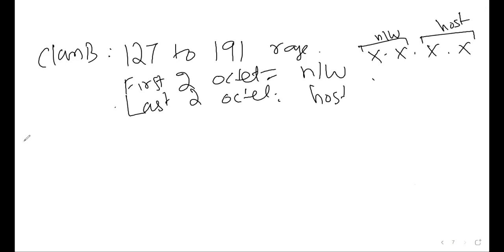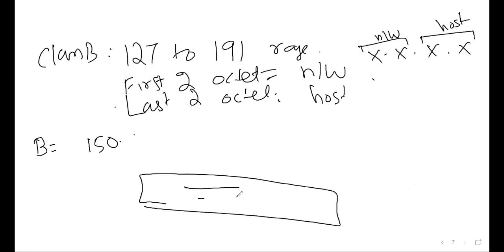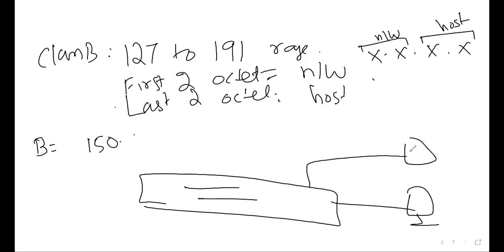Okay. So class B. For example, let's say I have a switch, one computer, a second computer, and a third computer: PC1, PC2, and PC3. I'm writing the first PC's IP, let's say 150.